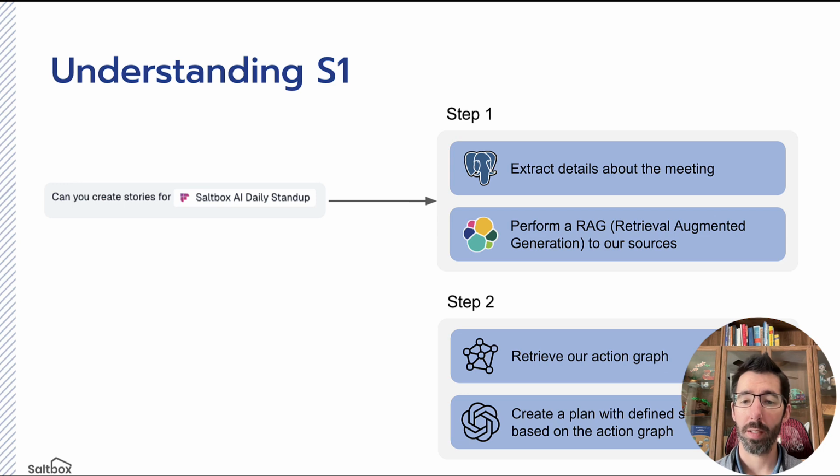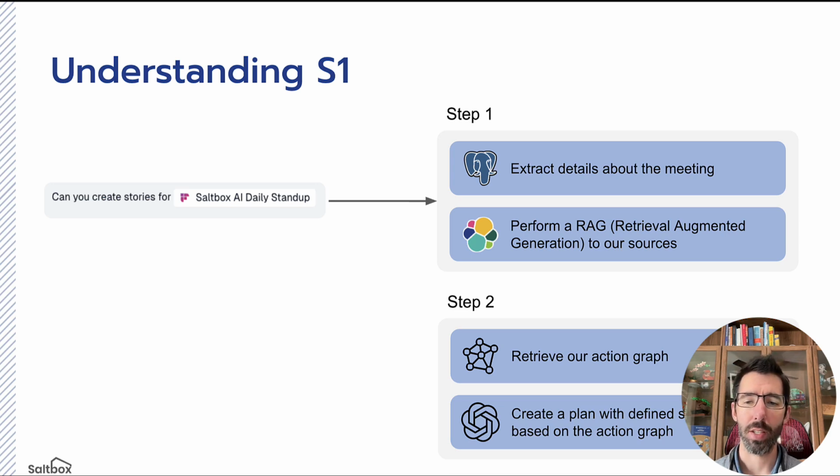Once it does that, it's then going to retrieve our actions. We have another concept called the action graph, which is a series of 30 plus actions available in our repository that say, here are the things you could actually go and execute. It's got a bit more complexity, like the inputs and outputs that help it map it together, but it basically maps out all the actions.